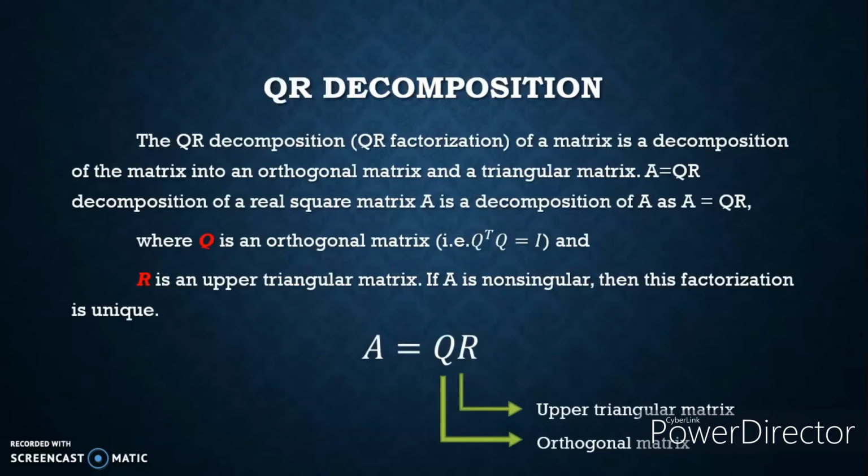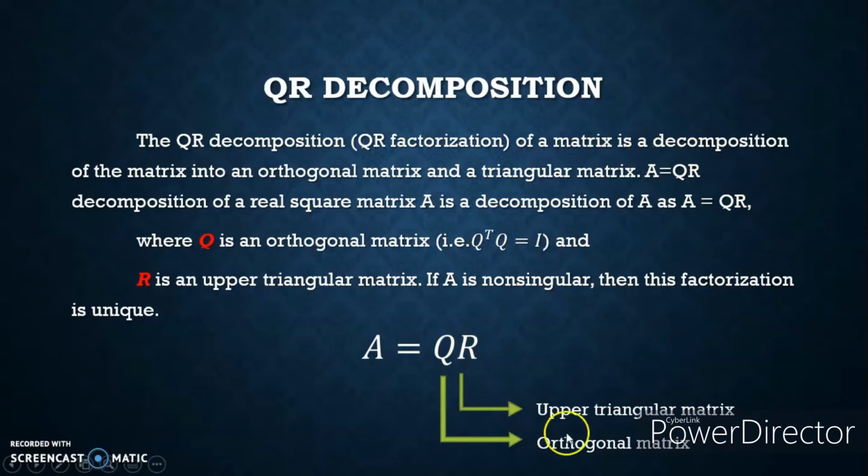For the QR decomposition, A is equal to QR, where Q is an orthogonal matrix and R is an upper triangular matrix. By the way, this is just an overview of the QR decomposition. Later on we will be focusing only on the Gram-Schmidt method. The QR decomposition of a matrix is a decomposition of the matrix into an orthogonal matrix and a triangular matrix.